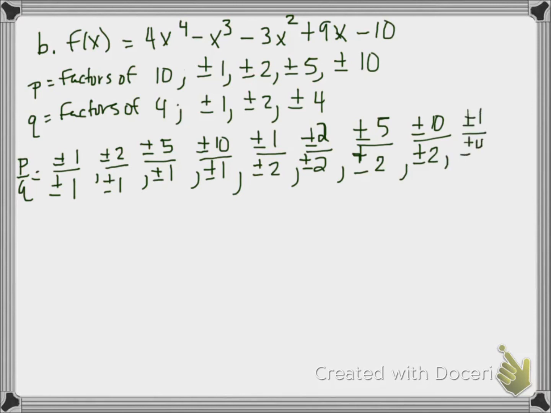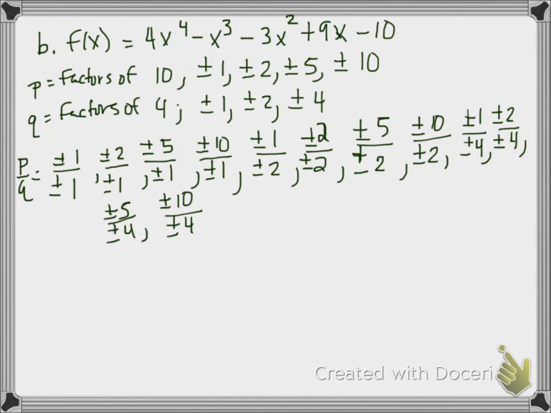Plus and minus 1 over 4, 2 over 4, 5 over 4, and 10 over 4. Please take a second to look at this. We put all the P's over the first Q, which is 1, then all the P's again over the second Q, and then all the P's again over the third Q.